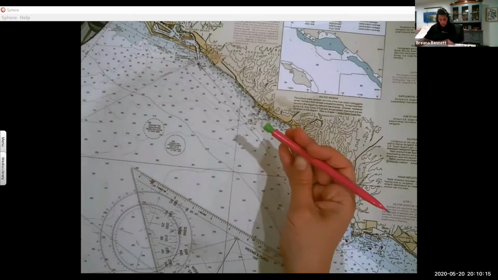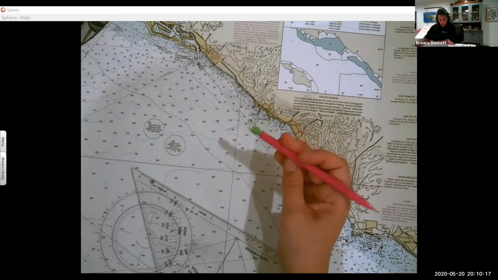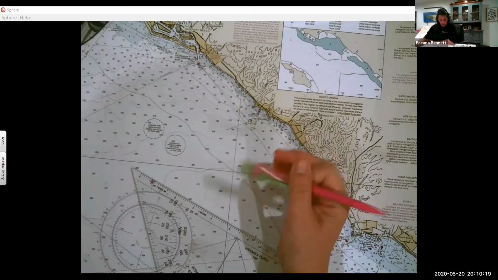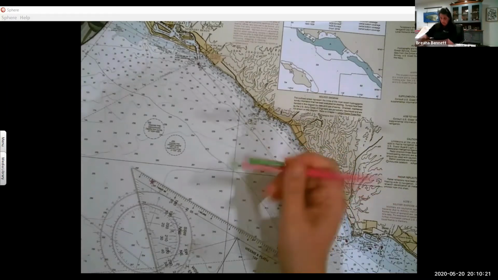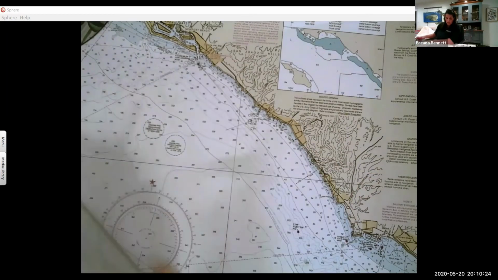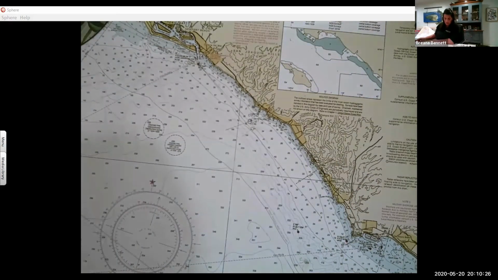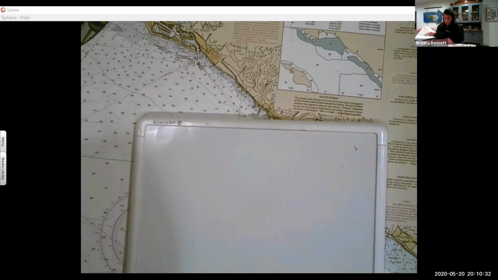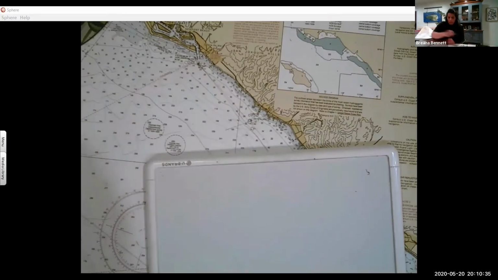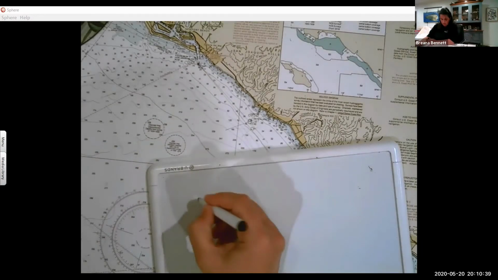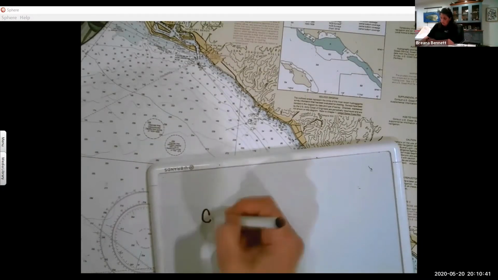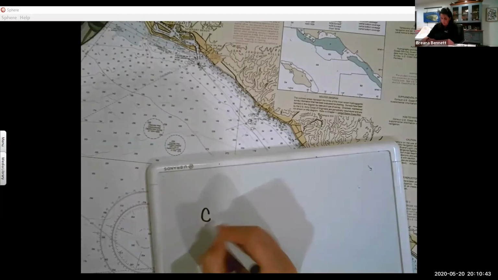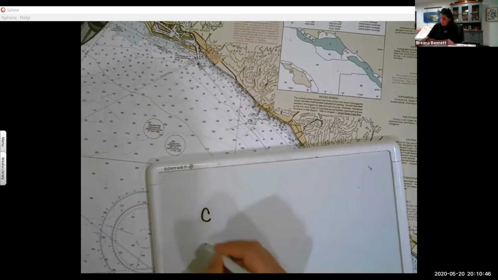You get a bearing at 0838, you get another bearing, plot your running fix. Okay. So we need to convert all of these to true. So we are steering, so we're going from our compass.